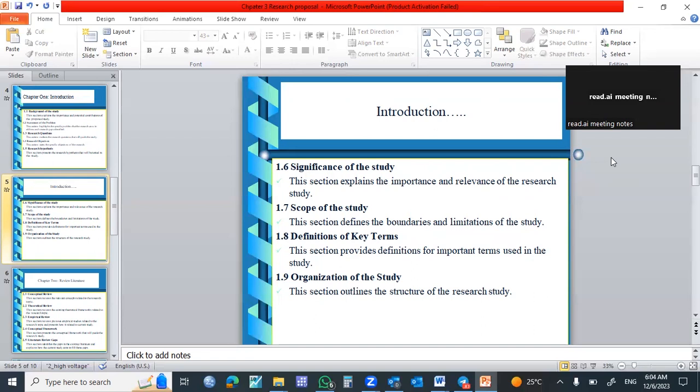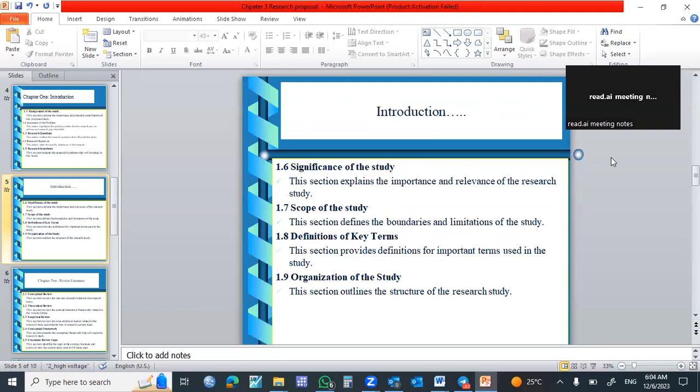Next, we should have the scope of our study, which will be specified geographically, conceptually, and methodologically. If there are any factors limiting our study, we have to state them in this part. Next, we'll have a definition of key terms for our research. We have to define the important terms that we are going to use in our research.